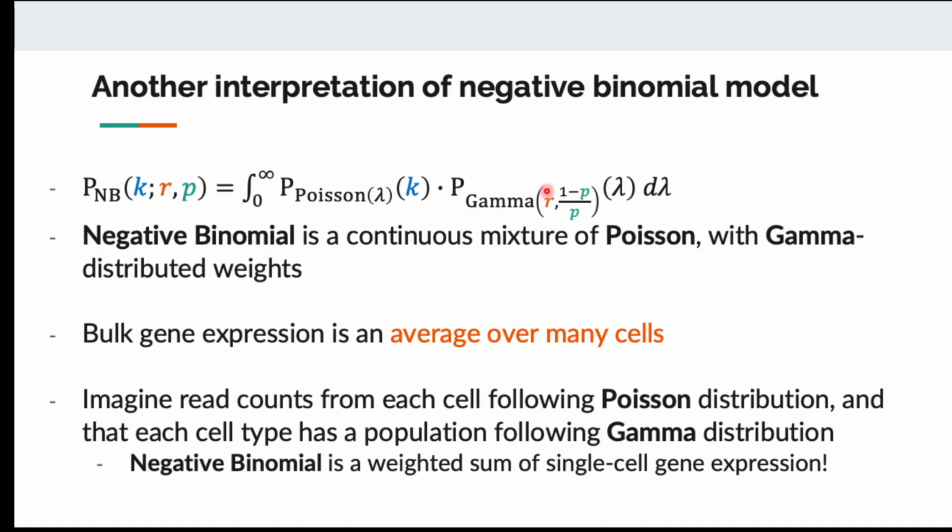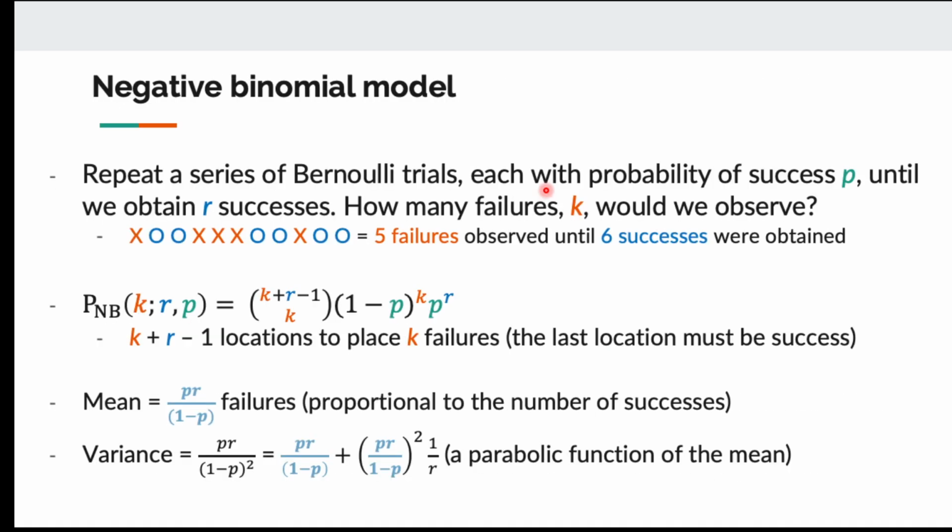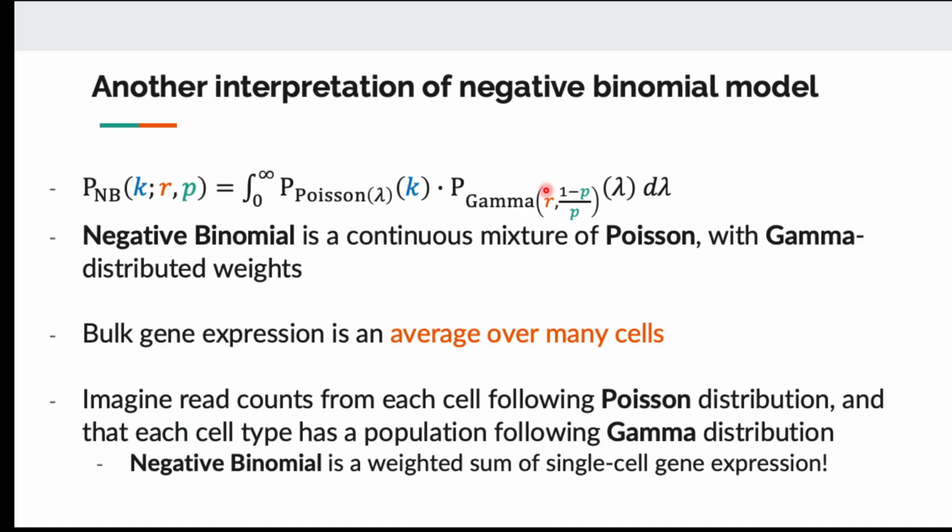Hopefully, when we first saw this distribution, most students were like, what? How do we use this to explain experiment data in biology? But in fact, there are ways to make sense of this distribution.